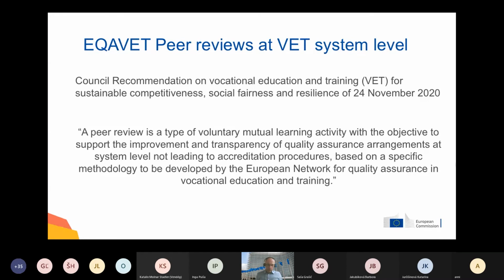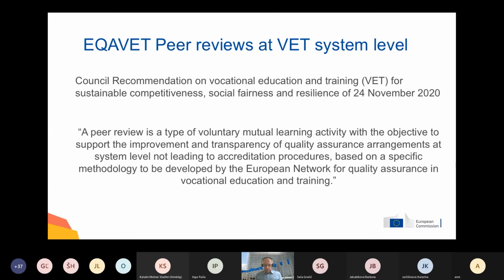So we have already taken the feedback from the members of the EQAVET network into this first concept. We also discussed it in more detail with the EQAVET steering committee in February, and next week we will have a second meeting of the steering committee to discuss it further. So what I present is a concept and is subject to change. We do not yet have the final text, so there might be changes, but this is what we have up to now.